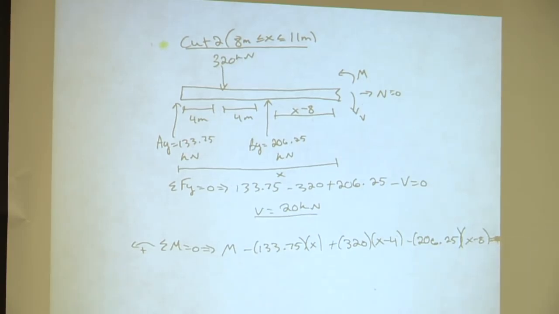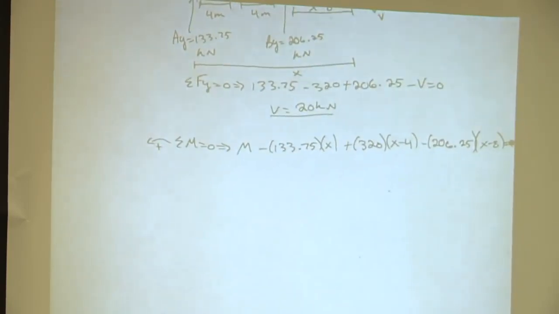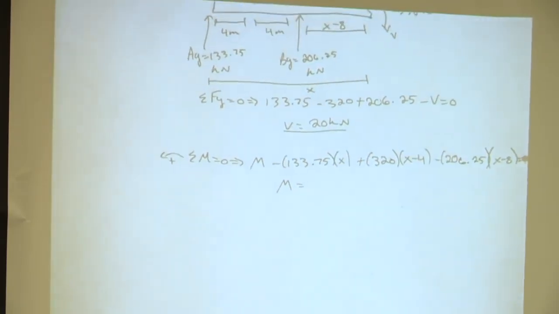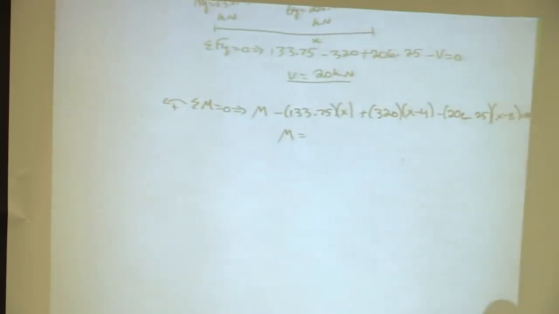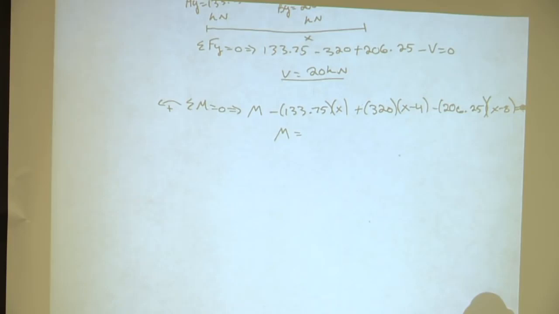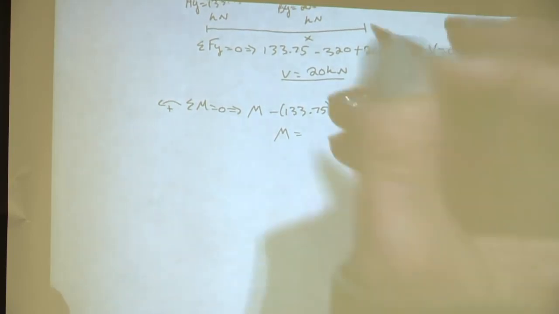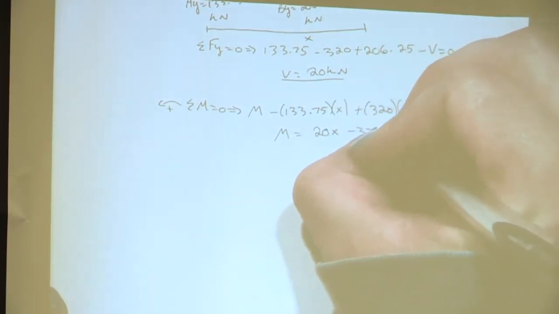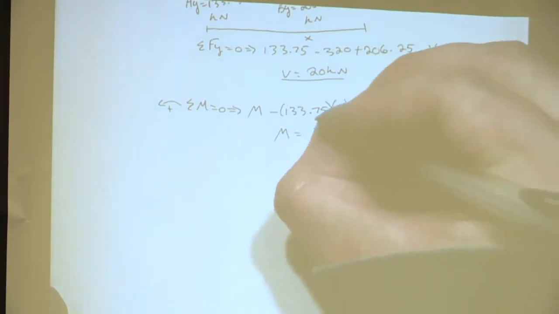It's kind of hard to see. Now, if we solve for M, what should that give us for our equation? I'll go ahead and give it to you because it can take a while to calculate. So you should get 20x minus 370, and this is in kilonewton meters.